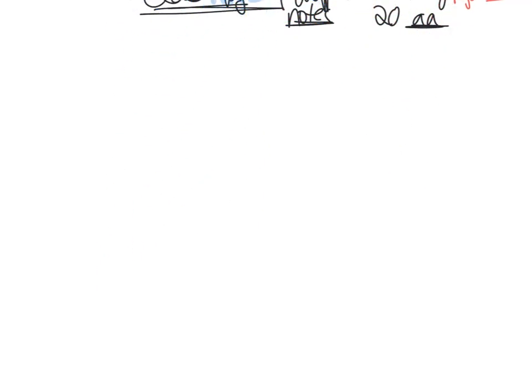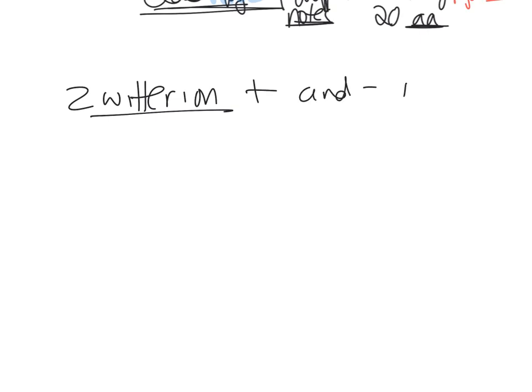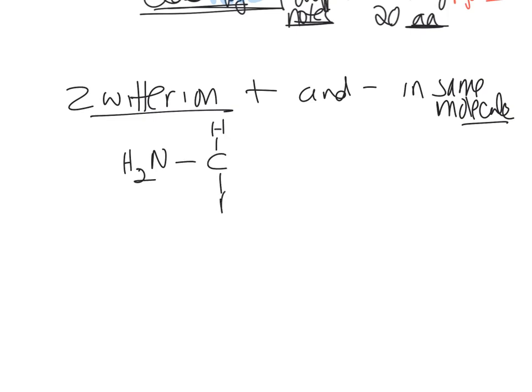It's called a zwitterion. A zwitterion means there's a plus and a minus in the same molecule. Now let me just tell you, that makes it very hard to isolate and work with in the lab. With your amino acids, you have an amino group and you have a carboxylic acid group.